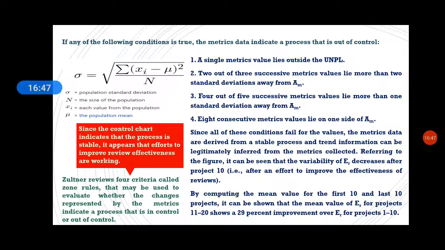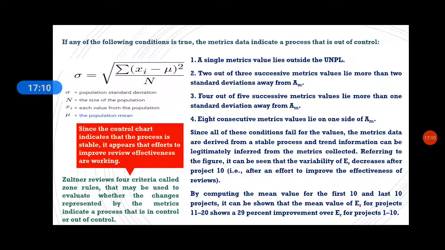By computing the mean value for the first 10 and last 10 projects, it can be shown that the mean value of ER for projects 11 to 20 shows a 29% improvement over ER for projects 1 to 10.